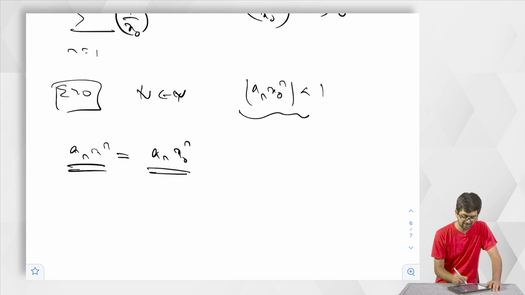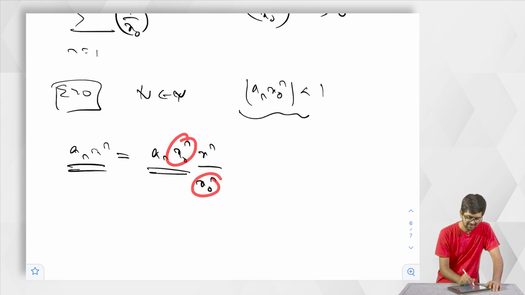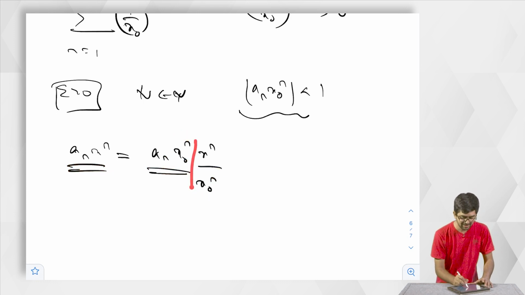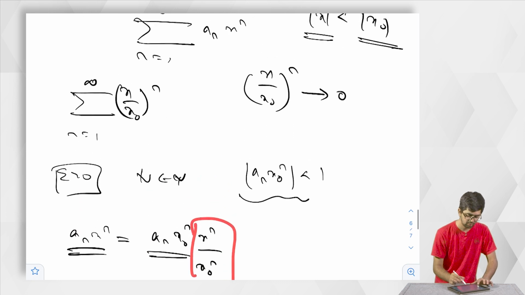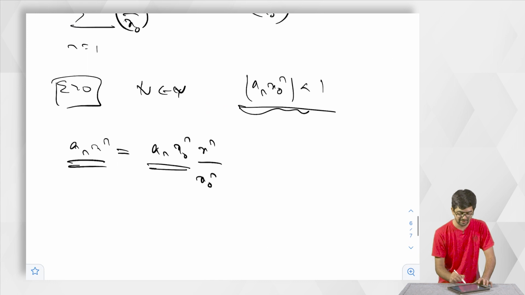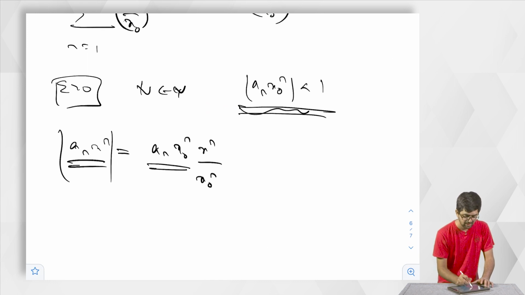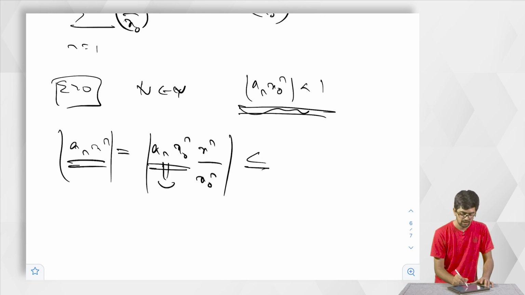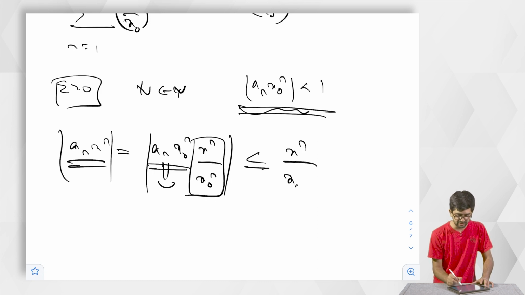So we multiply and divide by x0^n. These two get cancelled, then these two are the same. Now this thing is less than or equal to 1, right? So if I put mod here, this is less than or equal to, or maybe less than, 1. So this I am leaving as it is, x^n by x0^n.